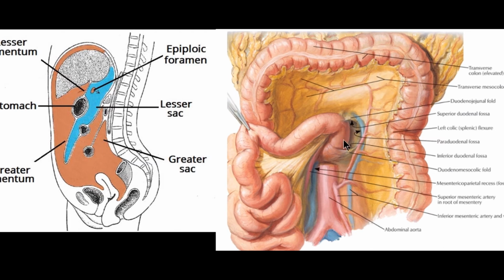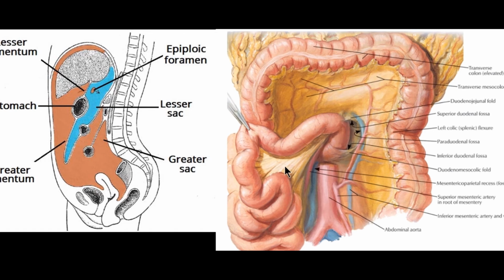You can probably appreciate that much of the duodenum is a retroperitoneal structure, and that's why it was behind the parietal peritoneum. Now it's coming out through this little hole called the paraduodenal fossa, and then it becomes intraperitoneal, continuing as the jejunum. When the jejunum and ileum become intraperitoneal, they have their mesentery attached to them, which you can see very nicely.